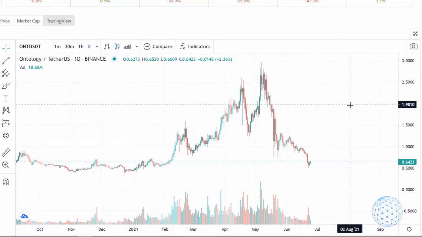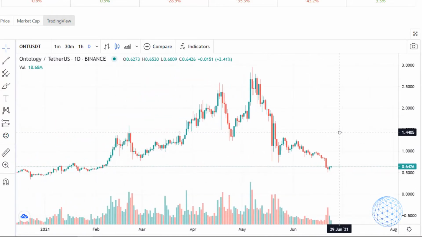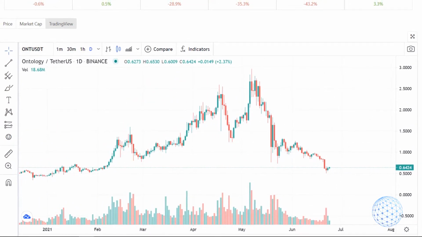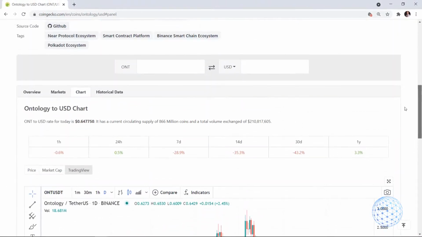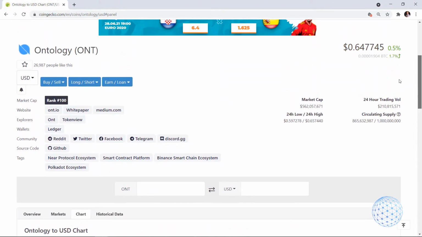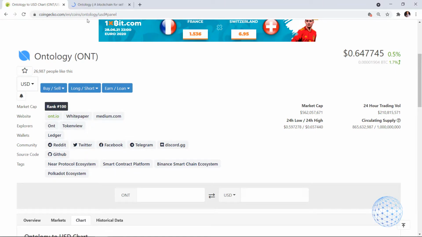So today I will be talking about Ontology, which is a favorite cryptocurrency to many of you. I am sure about it. And before analyzing the chart, I want to quickly go through their website, ONT.io.